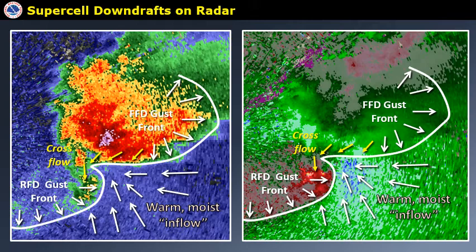We do see the corresponding base radial velocity imagery here on the right indicate flow away from the radar associated with the RFD. Note the higher inbounds here in the right image, just to the right of the greatest outbounds, or to the east of the greatest outbounds.